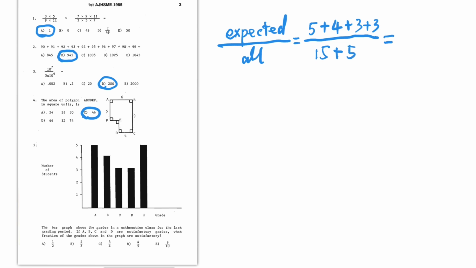So the fraction will be 15 over 20. Cancel the 5. Numerator 3 times 5 equals 15. Denominator 4 times 5 is 20. The answer is 3 over 4. That would be choice C.